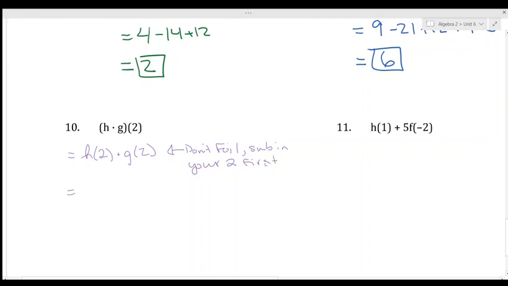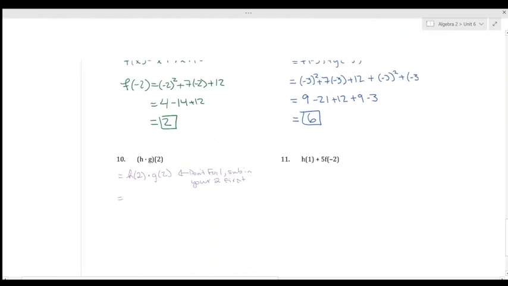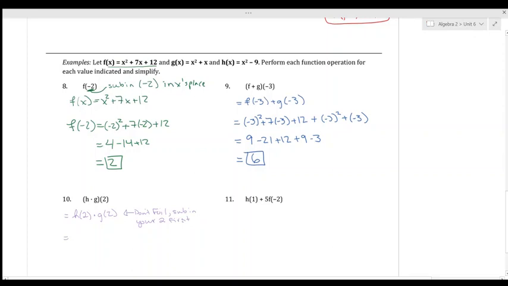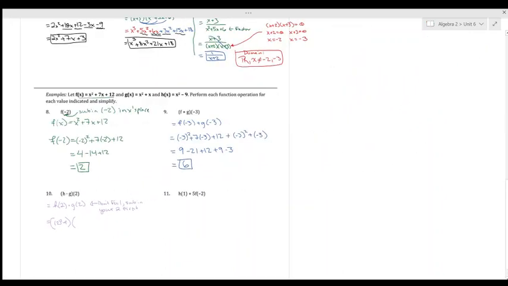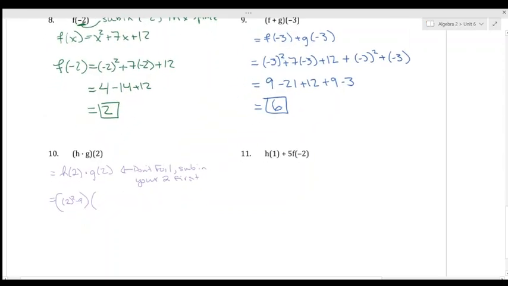So our h of x equation was x squared minus 9, so I'm going to replace that x with a 2. So I have the quantity 2 squared minus 9 times, our g of x was x squared plus x, so I'm going to replace both of those x's with a 2.